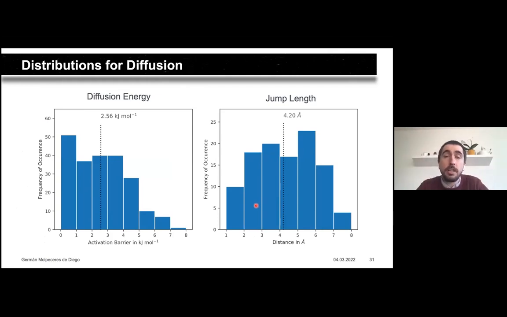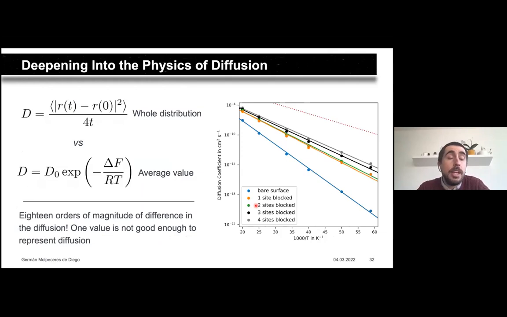These two ingredients that we can take now from our simulations can be used to really model the macroscopic diffusion on a surface. And if we compare the value that we obtain from our simulations with the value that we obtain by employing an analytical Arrhenius expression, we observe errors of almost 18 orders of magnitude at low temperatures.